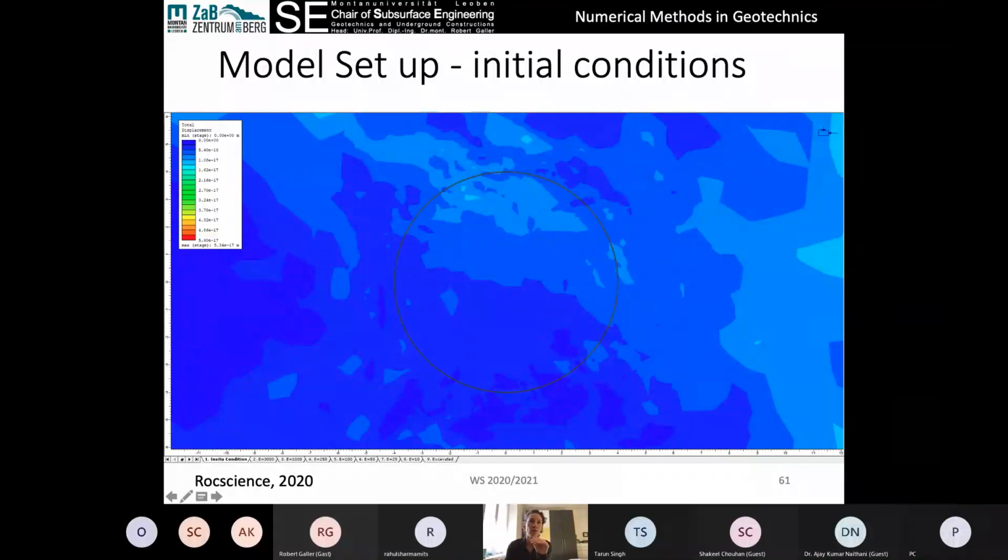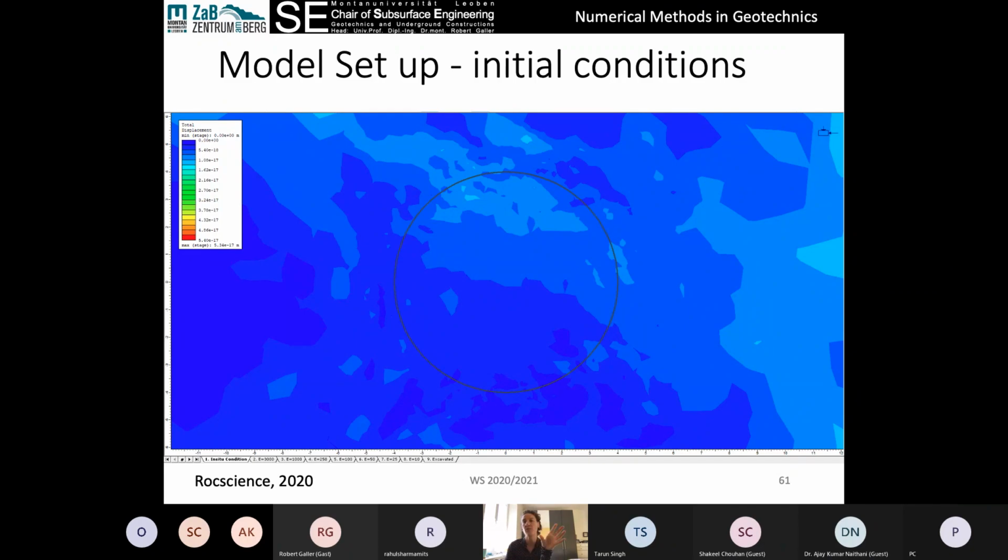Of course, the magnitudes are tiny. They're not that important, but there are other conditions where they might be important, and we need to get rid of that. So we run the model, we initialize it, and then we zero the displacements. All software has some method for zeroing the displacements. In the RS2 software, it's a button that you have to click. In other software, you actually have to tell it to reset the displacement.